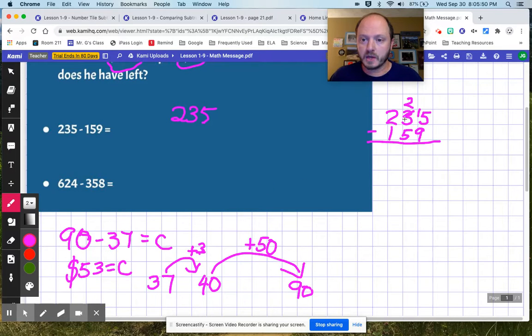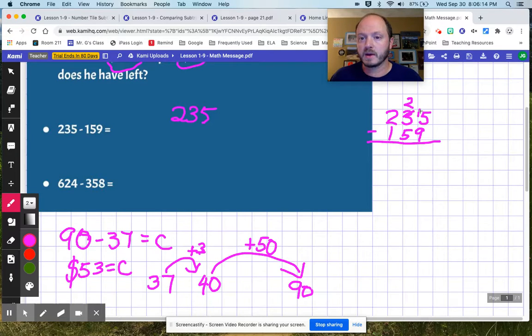I changed this 3 into a 2. But what is this really? This is 3 tens. So if I take 3 tens and I split them up into 2 tens and 1 extra ten, I can then take one of those extra tens and turn it into ones, right?